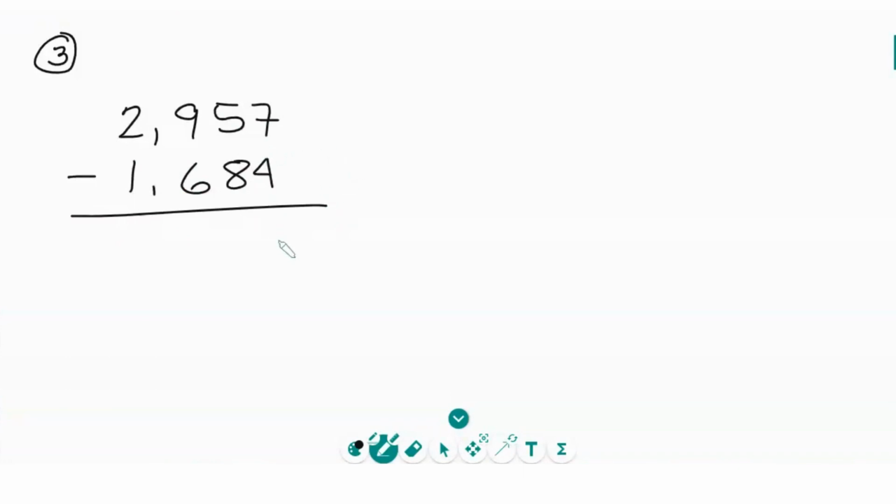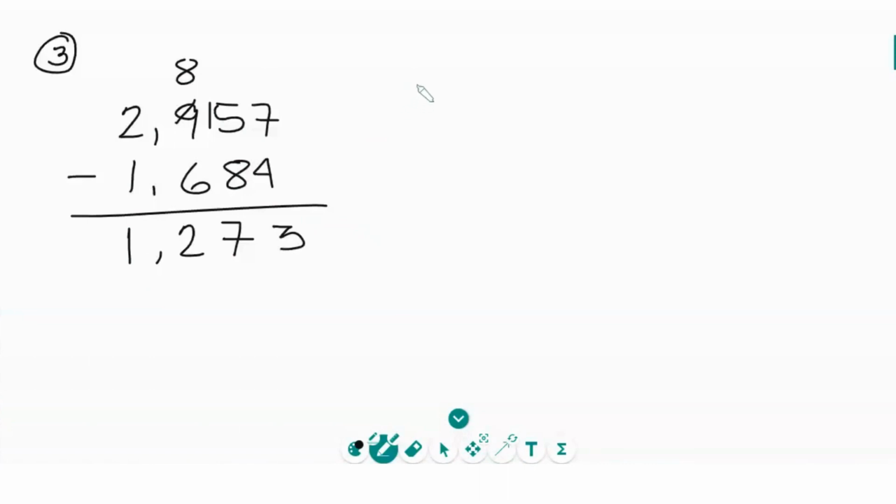Okay, so 7 minus 4 will give us 3, and 5 will become 15, and 9 will become 8. So 15 minus 8, that will give us 7. So 7 plus 8, that will become 15. Okay, so 8 minus 6 will give us 2, and 2 minus 1 is 1.